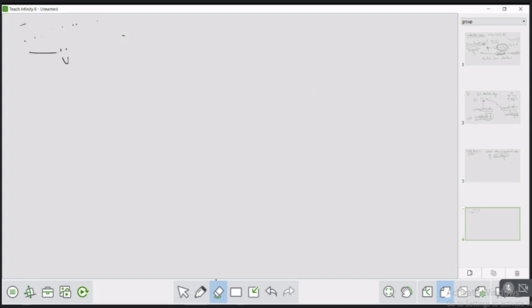Now self loop is here. So what do you mean by parallel edge in the directed graph?